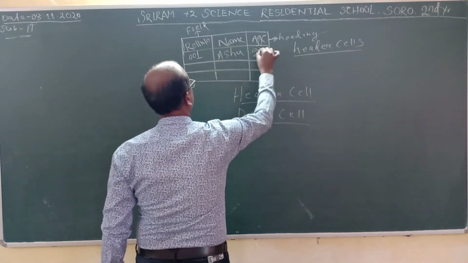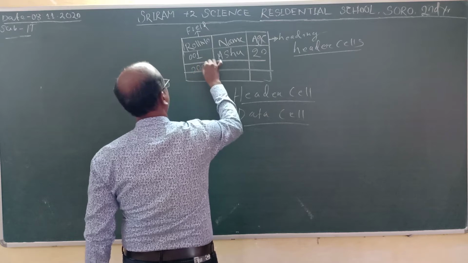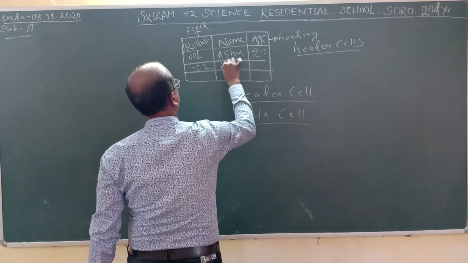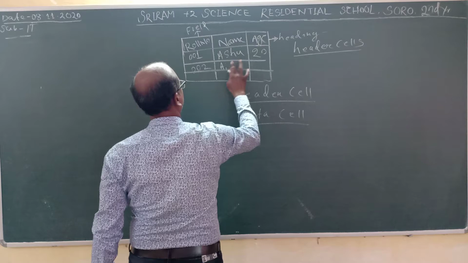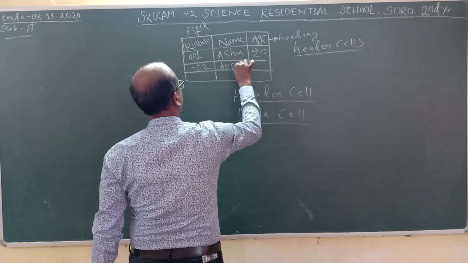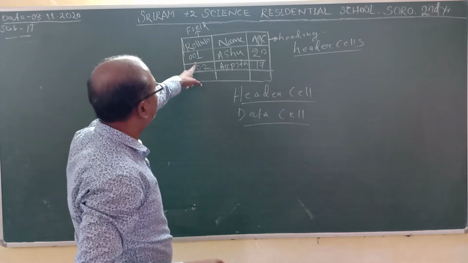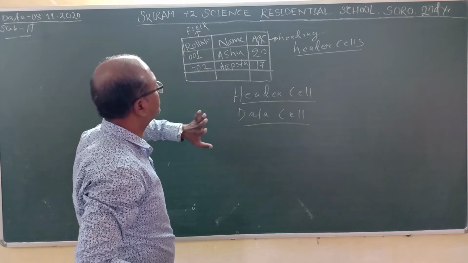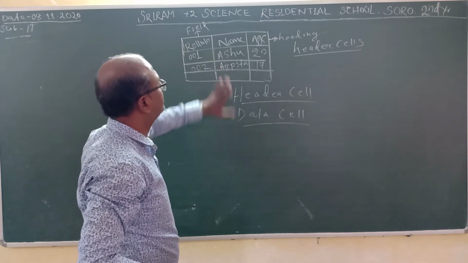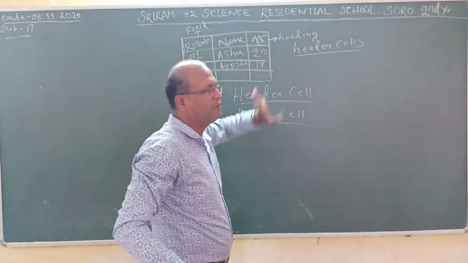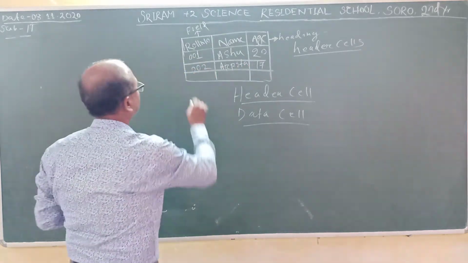Age is 20. It is 002. Name is Arpita. Age is 17. Okay. Here 001 is the value of that roll number, Asu is the value of name, and 20 is the value of age. These are called data.